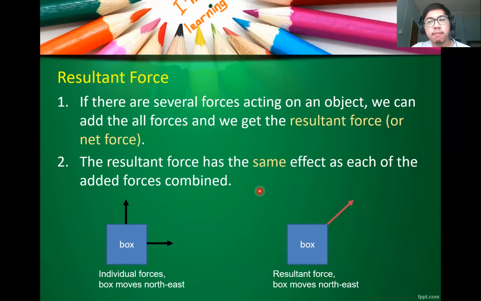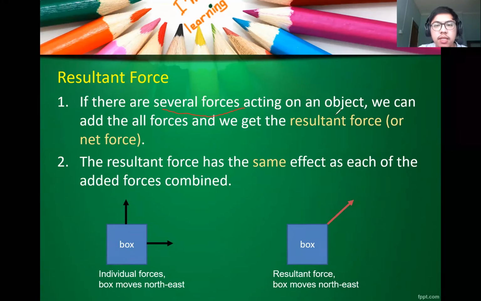Now, these forces can all act on one object. So if you have a force going up, a force going down, you can add up all those forces together, and then that will result in what we call a resultant force. So if there are several forces acting on an object, we can add all the forces and we can get the resultant force, otherwise known as the net force.